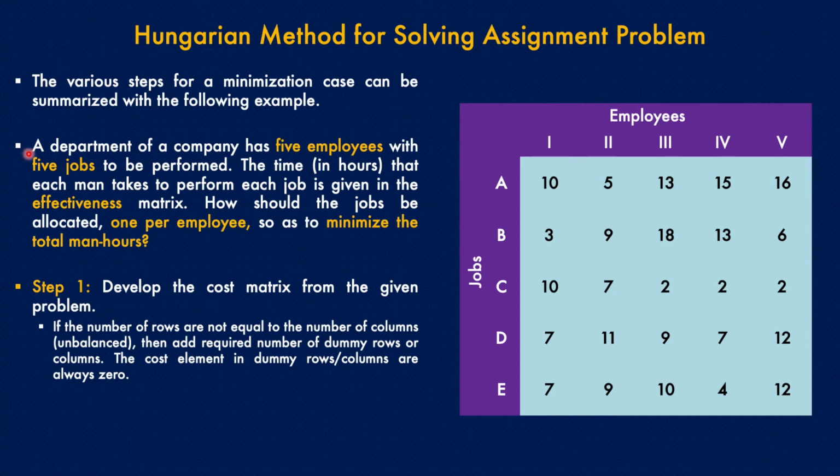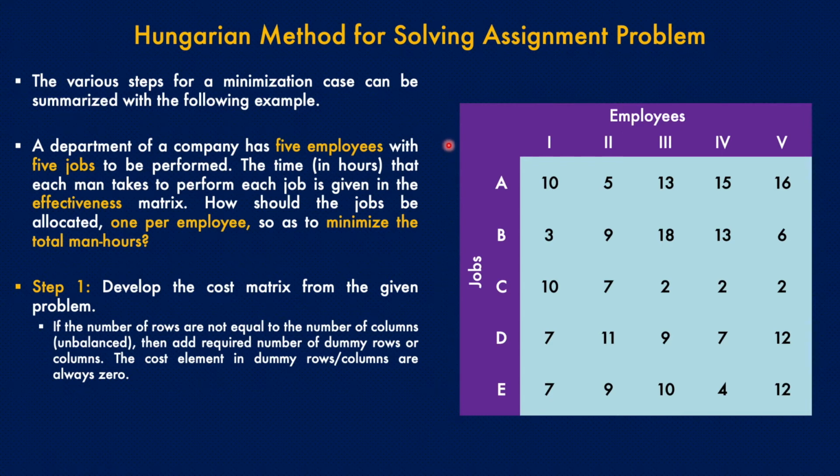A department of a company has 5 employees with 5 jobs to be performed. The time in hours that each man takes to perform each job is given in the effectiveness matrix. How should the jobs be allocated, 1 per employee, so as to minimize the total man hours?